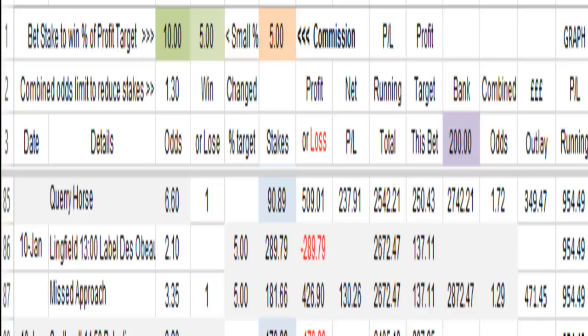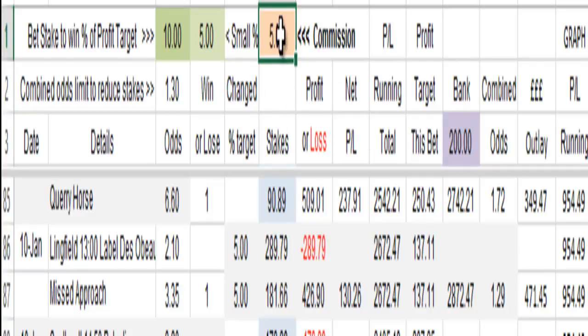Looking for 10% if the combined bets are more than 1.3, and looking for 5% if the bets are 1.3 or below. On this part here, this 5 here, I can actually change.